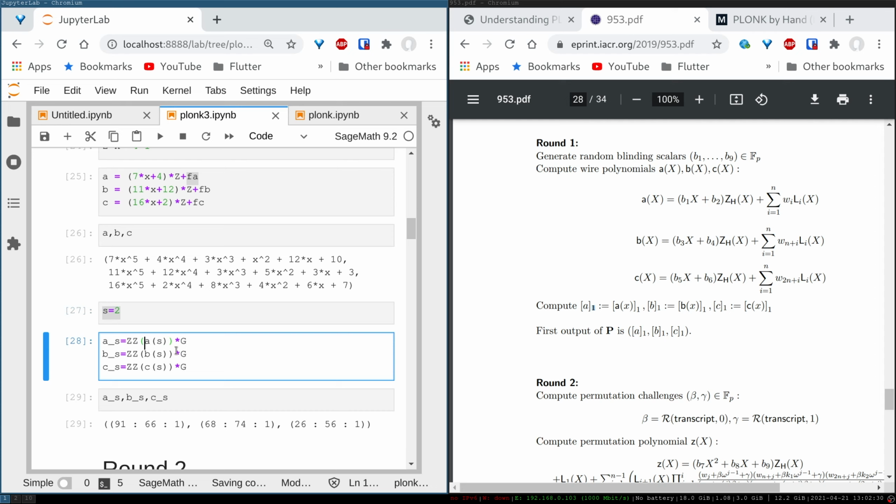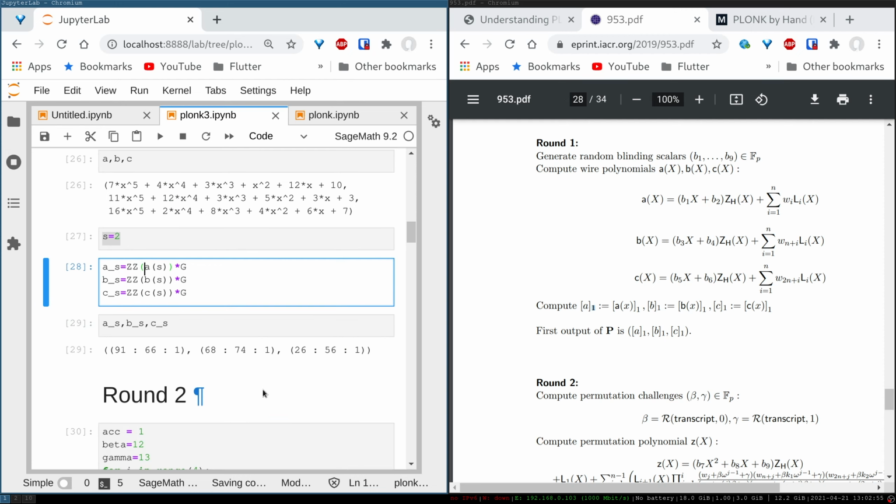But you can still do it by taking the coefficients, for example 7, 4, 3, 1, 12, 10, and use that as a combination of G, 2G, 4G, 8G, 16G, and 32G. Okay, so that gives us the first outputs of the proof, AS, BS, and CS. So these are the 3 first points.